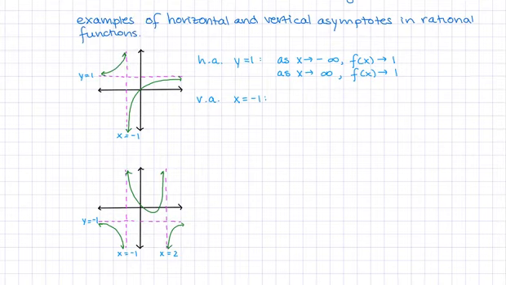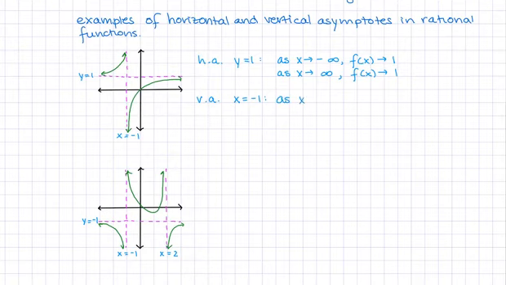Now we could write these in words, but I always like to say, mathematicians, we're efficient. We're not lazy, we're efficient. So how do I say, as x is approaching negative 1 from the right-hand side, that the graph is going down without using all those words? I say it like this.